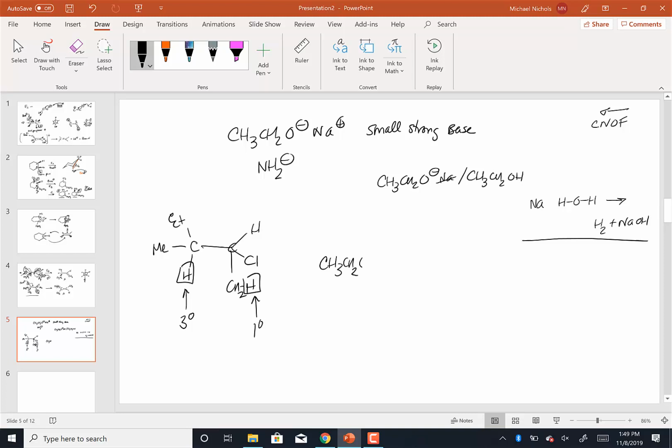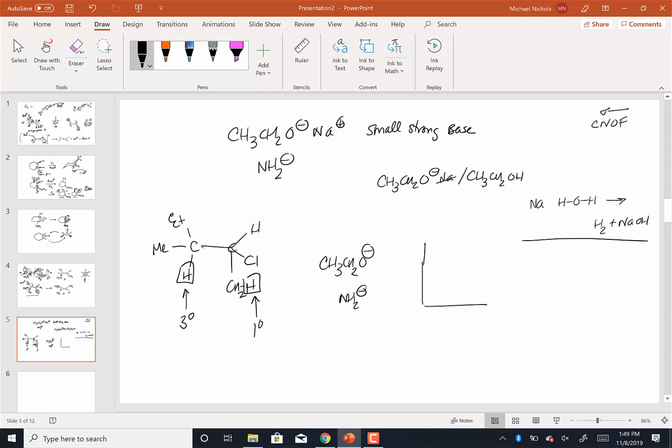So, if I have a small base like ethoxide, like NH2 minus, the small base can get to either one of these two hydrogens equally well. Everything in chemistry happens because of a reaction coordinate diagram and an energy.